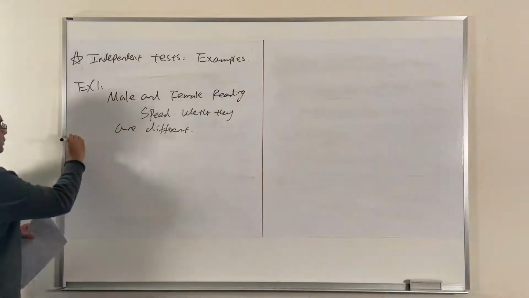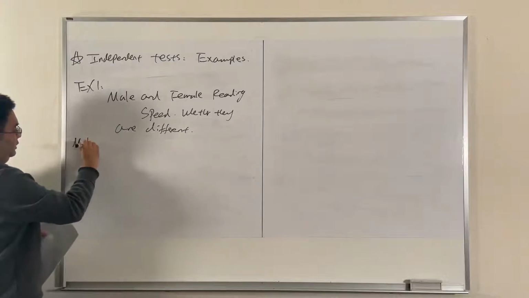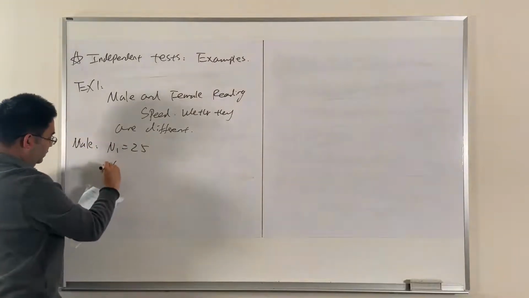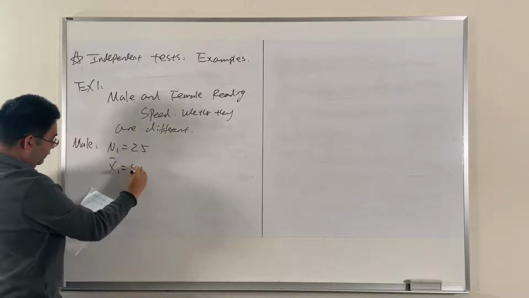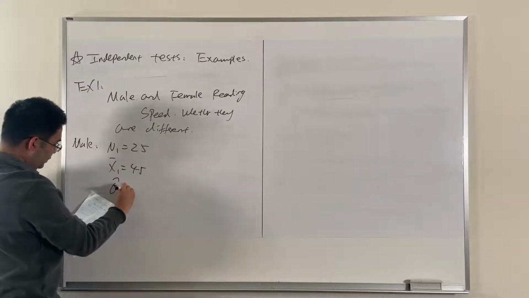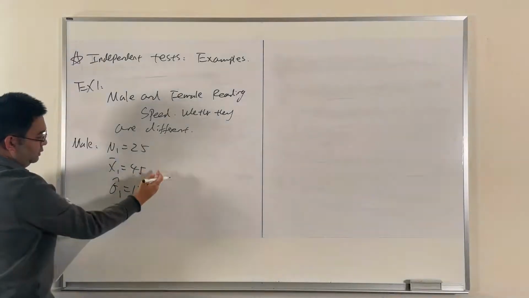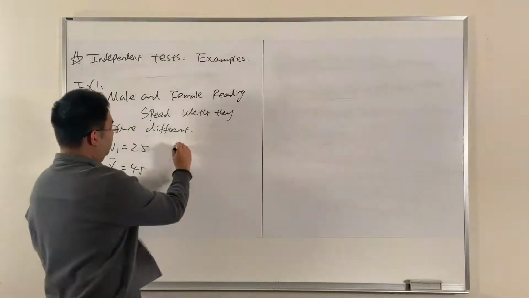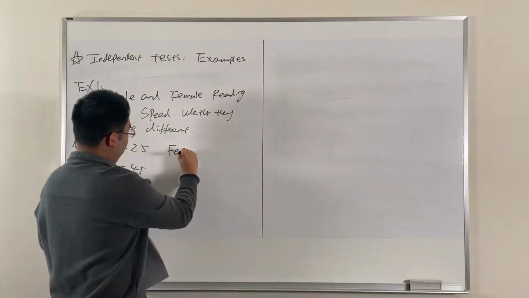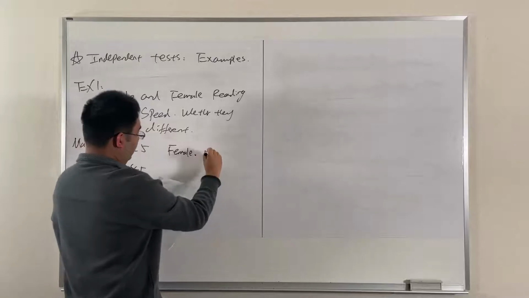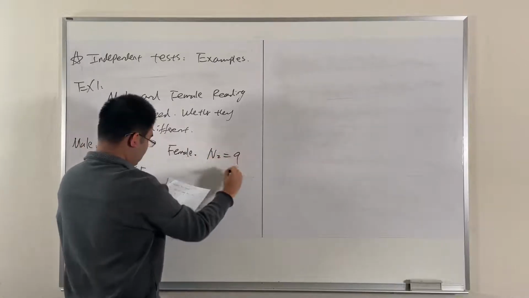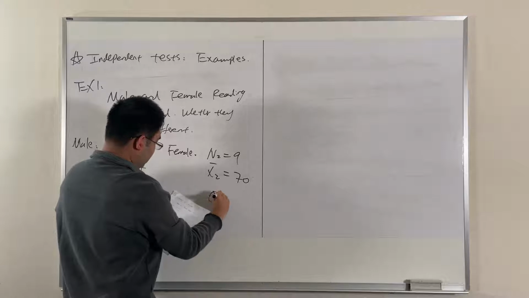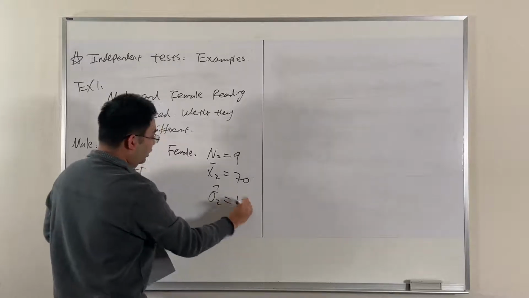For male, we collected some samples: n1 equals 25, x1 bar equals 45, sigma 1 hat equals 15. Sample size, sample mean, sample standard deviation. For female, we have n2 equals 9, x2 bar equals 70, sigma 2 hat equals 12.